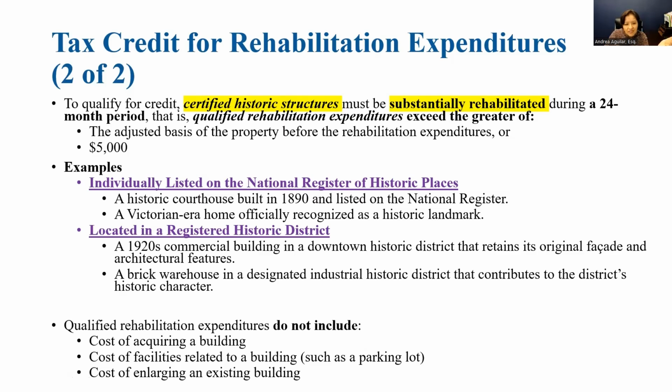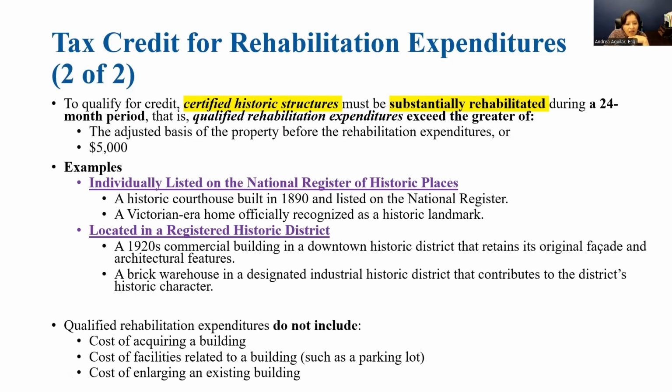For example, a 1920s commercial building in a downtown historic district that retains its original structure and architectural features. A brick warehouse in a designated industrial historic district that contributes to the district's historic character. So, as you can see, this requires certain registration.